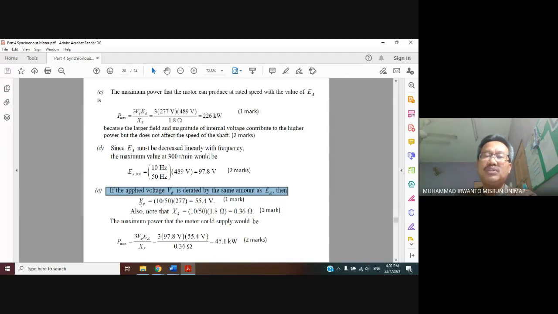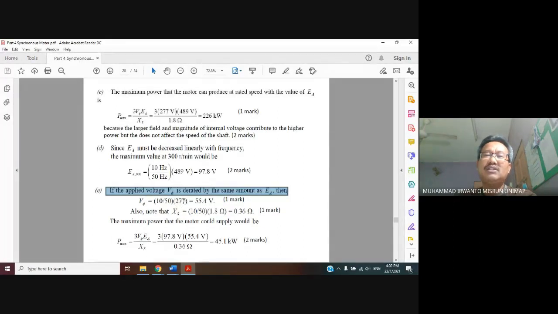Meaning the phase voltage of the synchronous motor operating at 300 RPM is equal to 10 hertz over 50 hertz multiplied by the phase voltage of the synchronous motor at 1500 RPM.